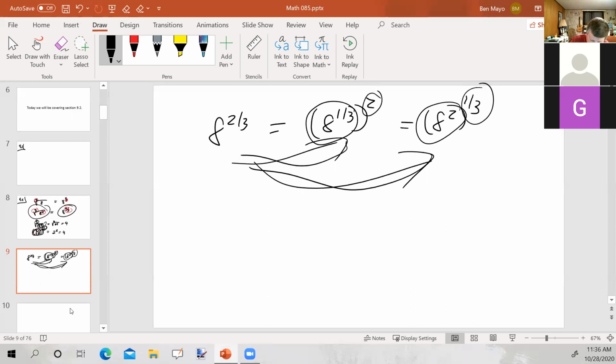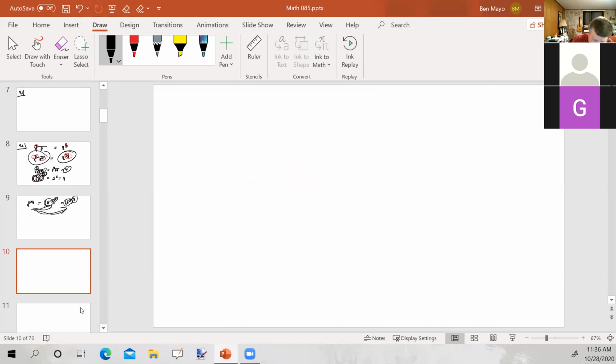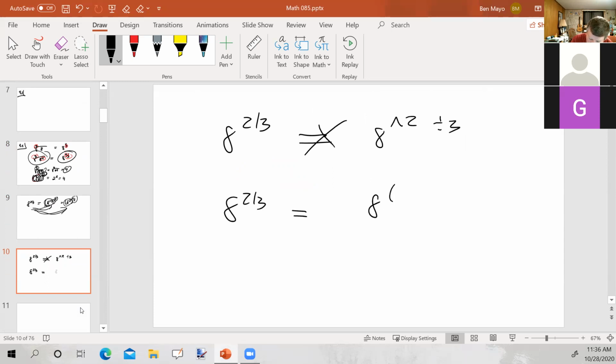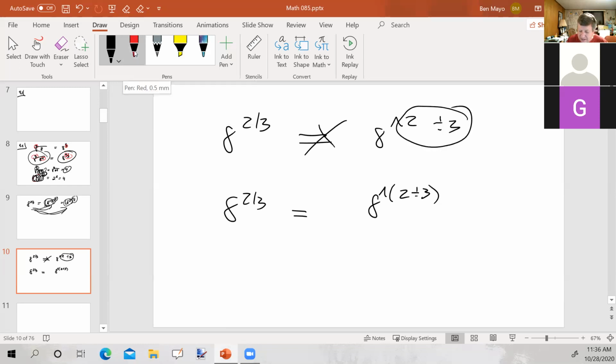Let's go back. In fact, let's do this. We determined that 8 to the 2/3 power was equal to 4, right? So let's do 8 to the 2/3 power on our calculator. Now, we need to be careful. First of all, I'm going to show you the wrong way to do it, and then I'm going to show you the right way to do it. You've got to quantify the exponent.